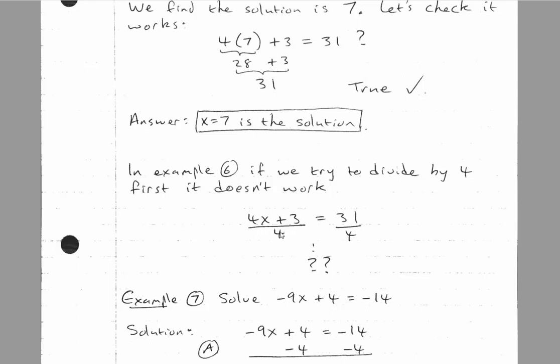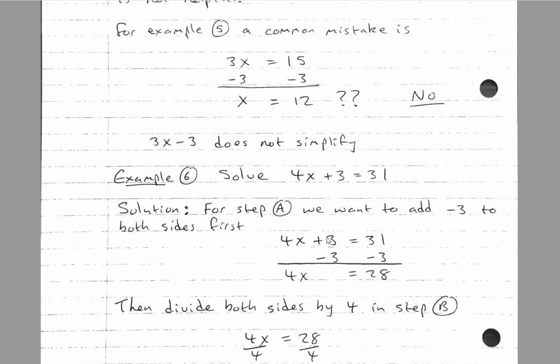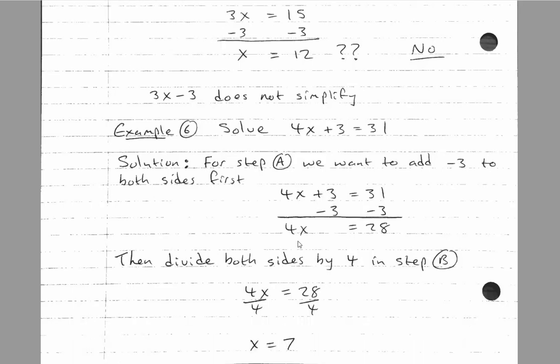So that doesn't work. You're getting x plus 3 over 4 equals 31 over 4. You don't want to include any fractions. So the best first step here is to use the A step, adding and subtracting. So get rid of that 3 and then divide by the 4.